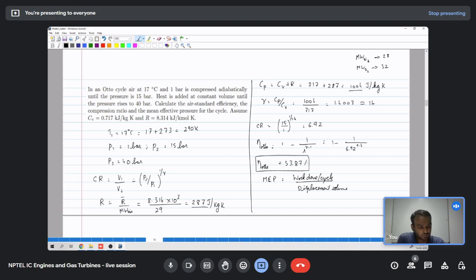Now we have got 1004, and anyway these will affect only the gamma value that we have taken. Gamma is 1.4, which is a standard value, so a small change in this will not affect here, but you may be right. If the molecular weight is 29.9 or 30, you can use the same value.